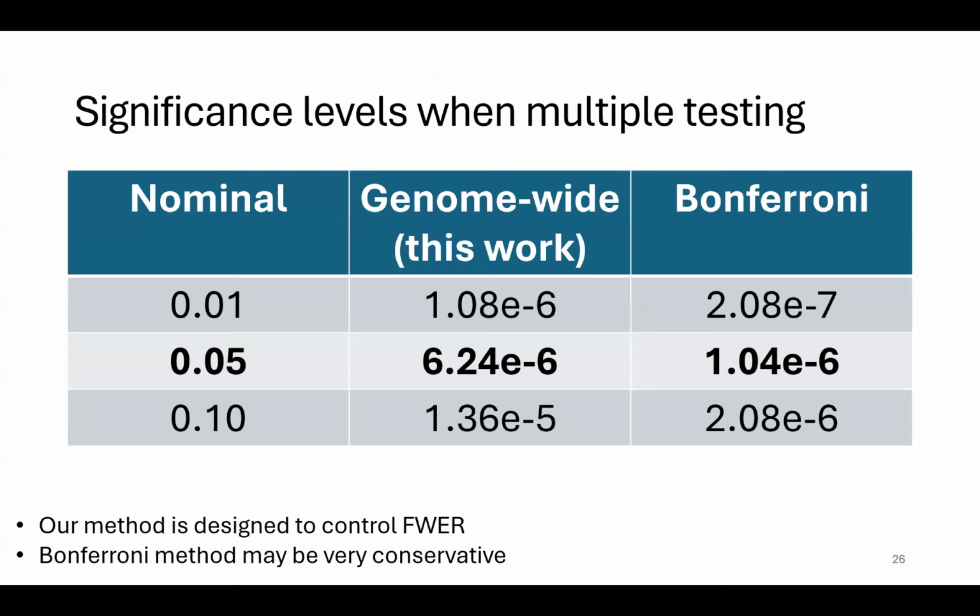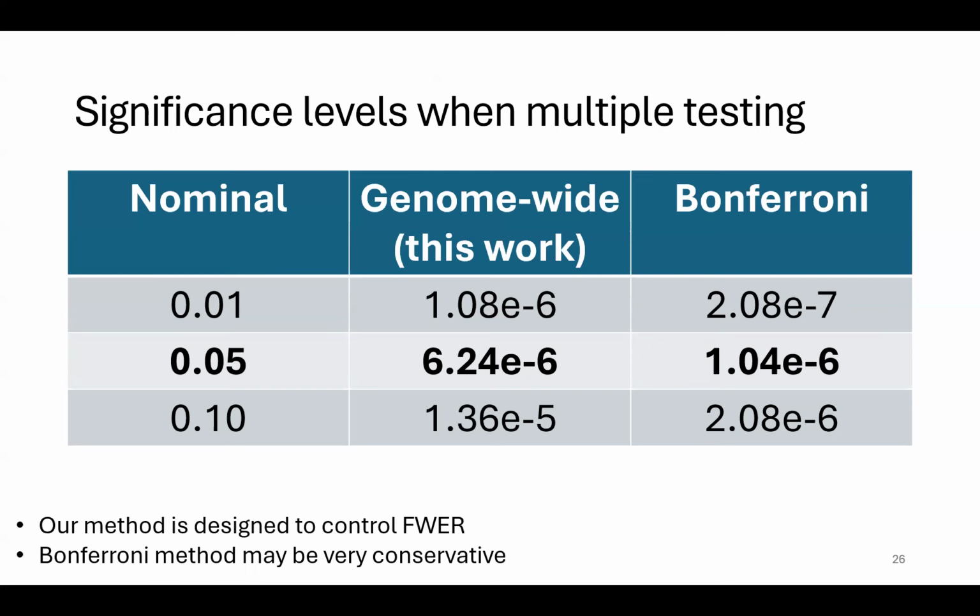So now I have some results for what the family-wise significance levels look like for multiple testing. The first column is the nominal one, so we'll have 0.01, 0.05, 0.10. And we need to correct for this since we're going to do multiple tests. The middle column is our genome-wide threshold.